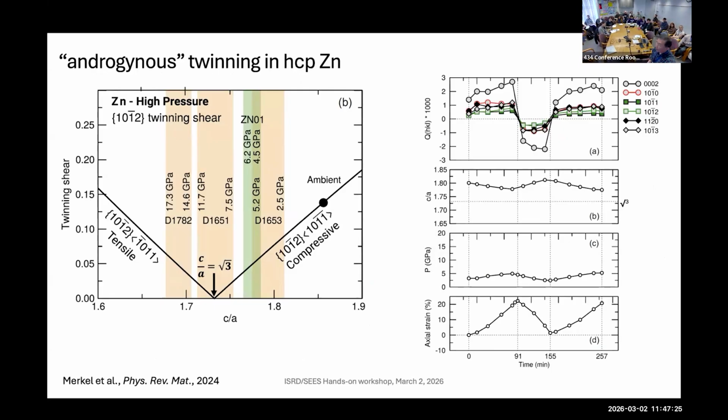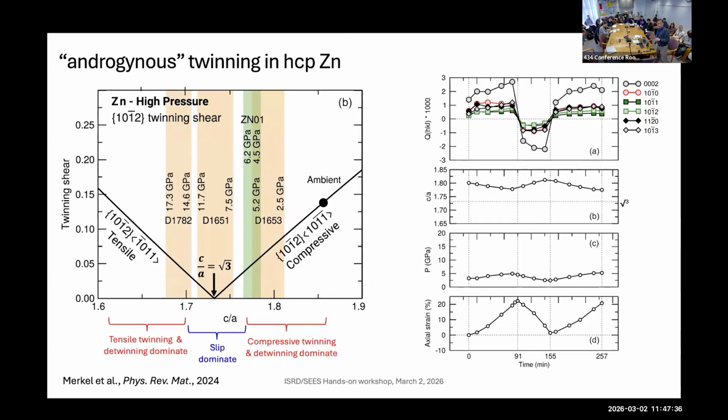And at only one point, when the c/a ratio equals exactly the square root of 3, there's no twinning. So after conducting the experiments, this group was able to determine which deformation mechanisms were happening. When the c/a ratio is very close to the square root of 3, you only have dislocation slip.